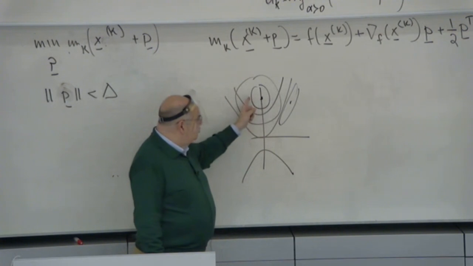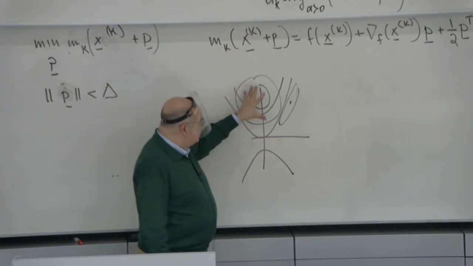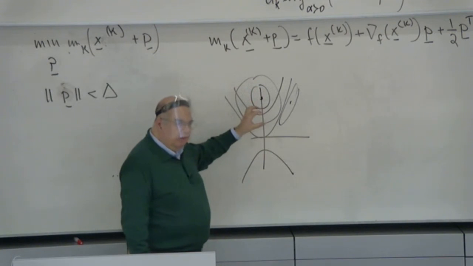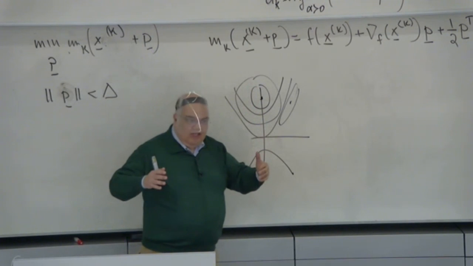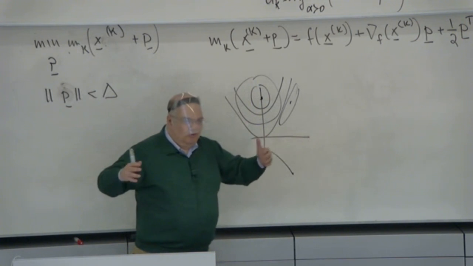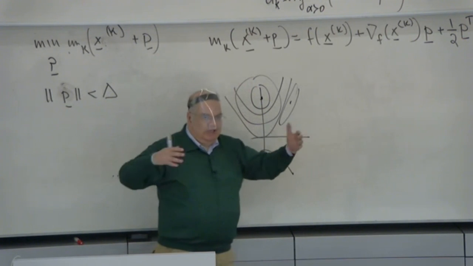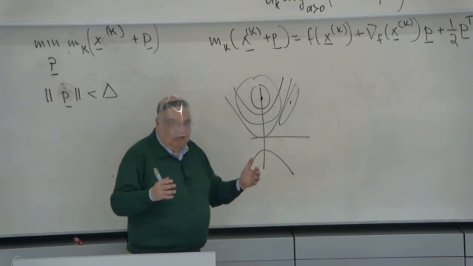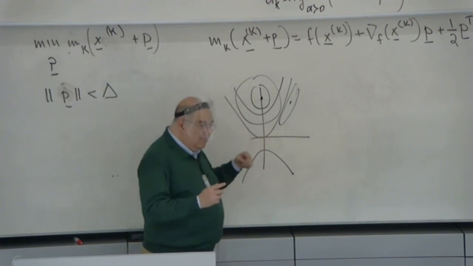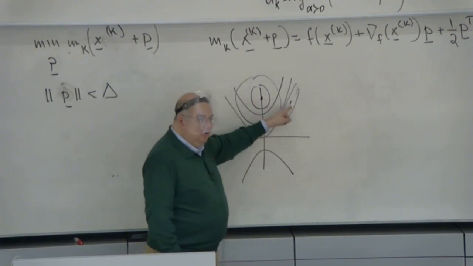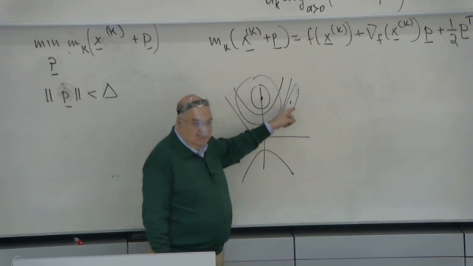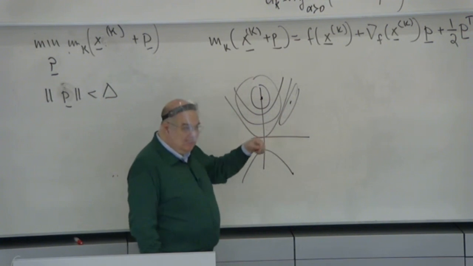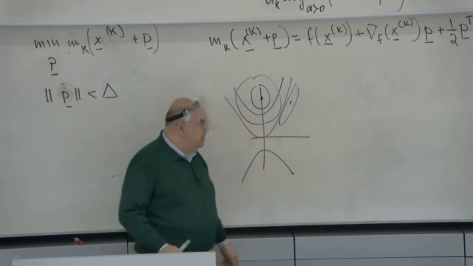It is quite good to see that the trust region sometimes works, sometimes doesn't, because you don't want to move too far, so you try to stay as close as possible, but if you stay too close, you probably miss the minimizer, which is here. That is the problem with some functions.